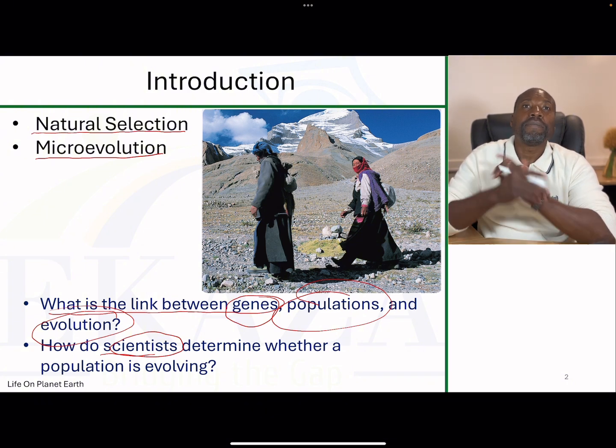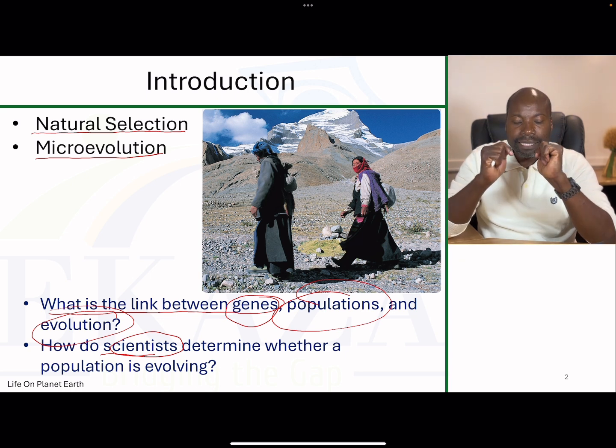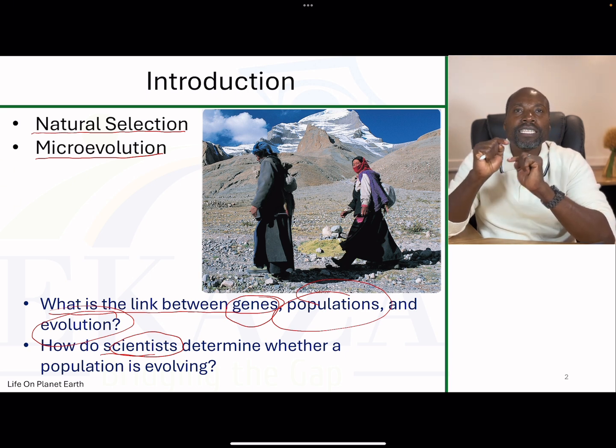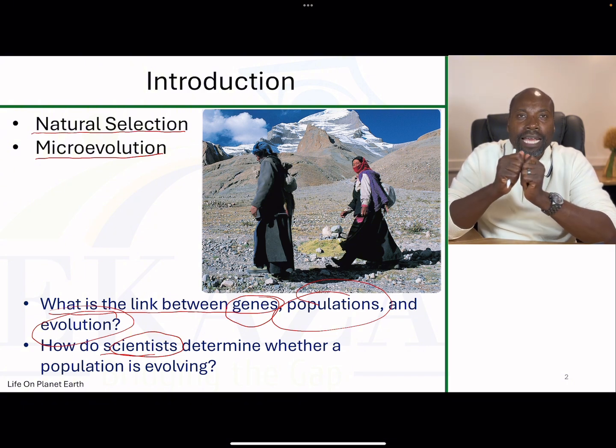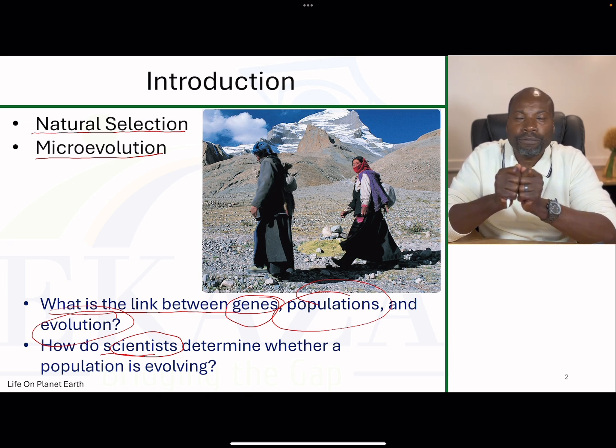Now, remember, it is asking whether the population is evolving or not. Let me say this. Individuals like yourself, you don't evolve. You cannot evolve. Evolution never occurs at individual level. It occurs at a population level.